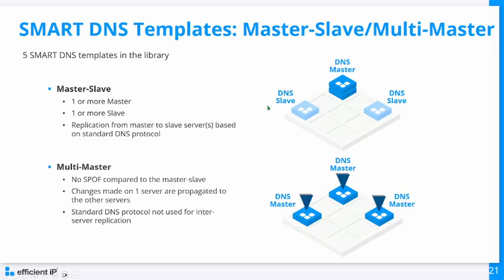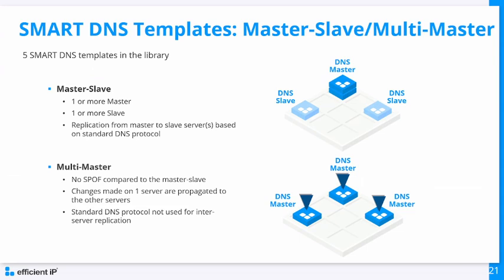Master-slave. So you have at least one master, and then you're going to have multiple slaves. So whatever zone and resource record you have on the master will be zone transferred to the slave. So your zone and the resource record, you will have a replica on the slave.